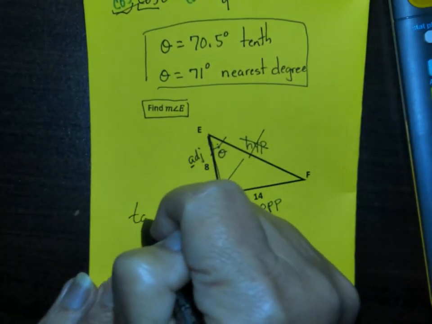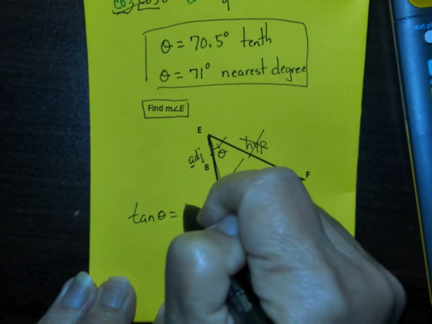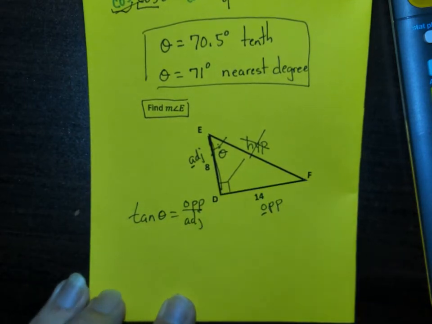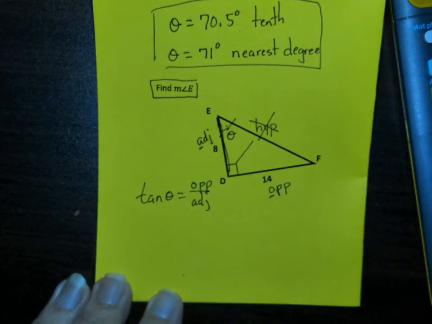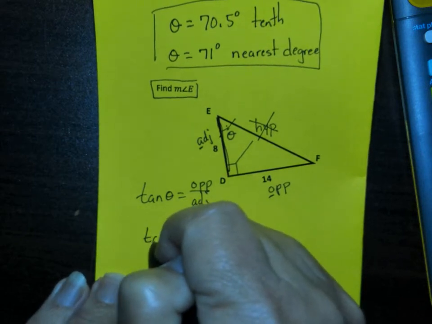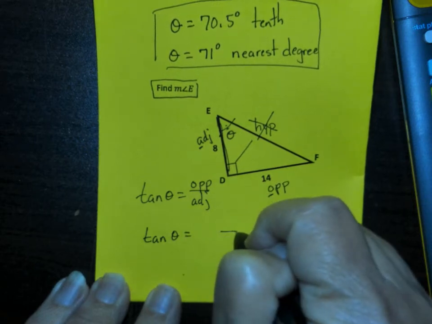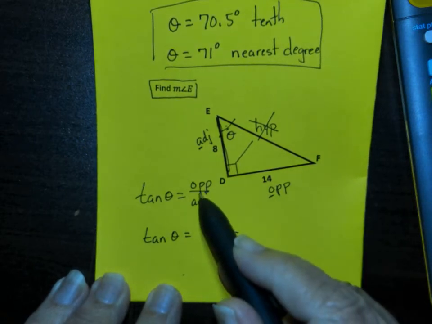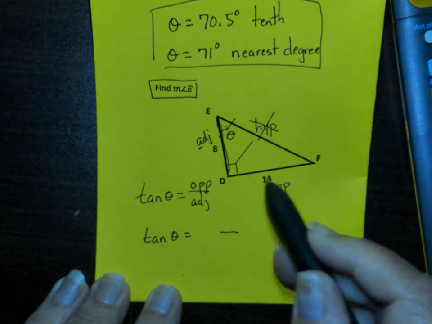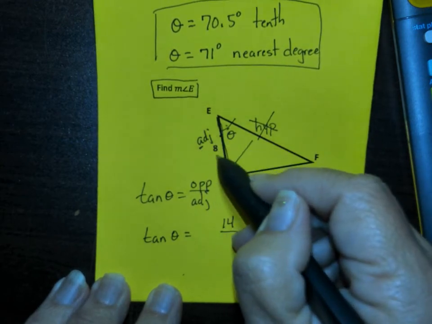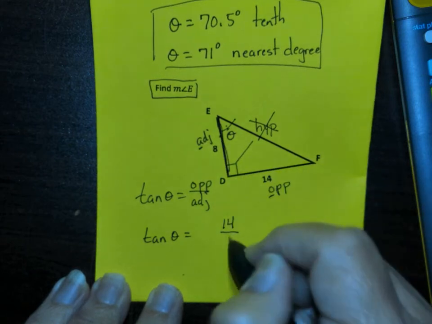So we're going to write tangent of theta equals opposite over adjacent. Tangent of theta equals, leave a little space. Alright, opposite goes on top this time. So that's 14. Adjacent is going to go on the denominator, the bottom.